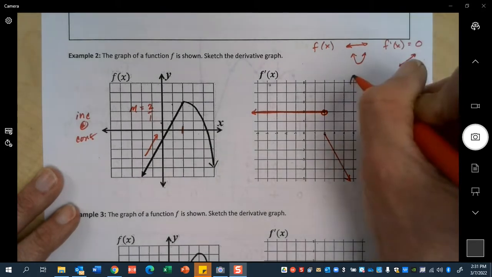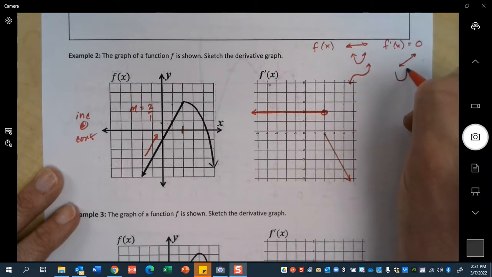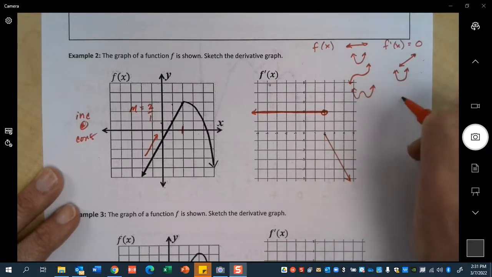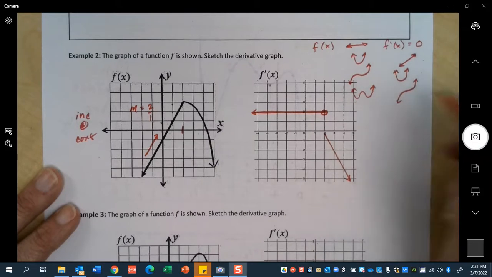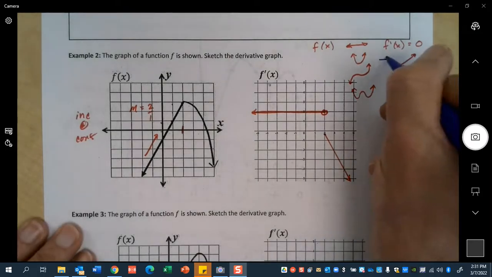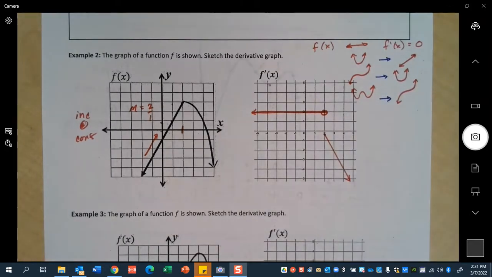If my original graph is cubic, my derivative graph is going to be 1 power less. So when I look at each of these combinations of graphs, I know that sketching the derivative graph is going to result in a graph that has 1 less turn in it. All right, let's take a look at this graph.